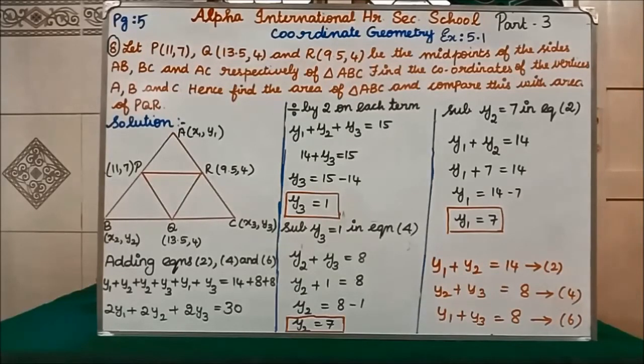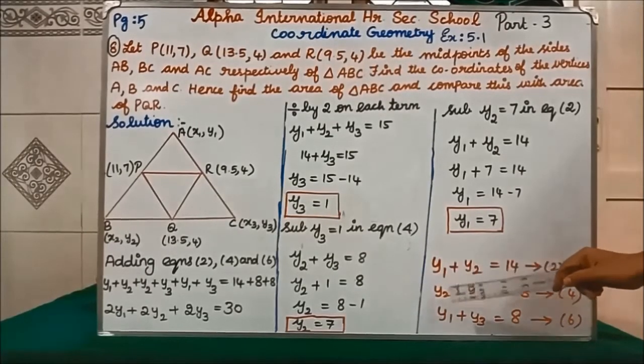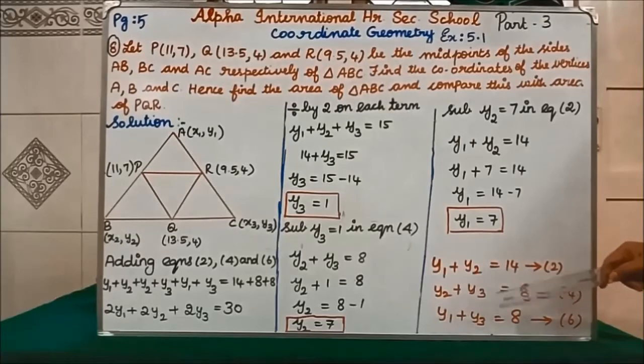Now if you see here, the left hand side separately we are going to add and the right hand side separately we are going to add. Now y1 plus y2 plus y2 plus y3 plus y1 plus y3 is equal to 14 plus 8 plus 8. Okay, that only I have written.